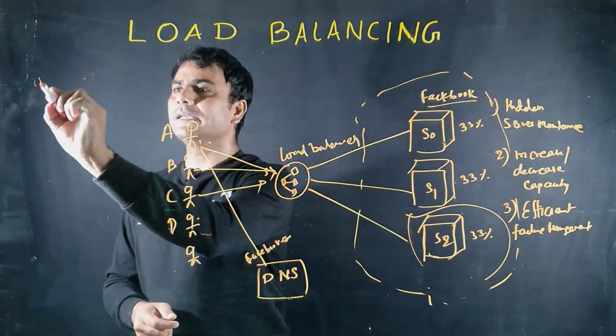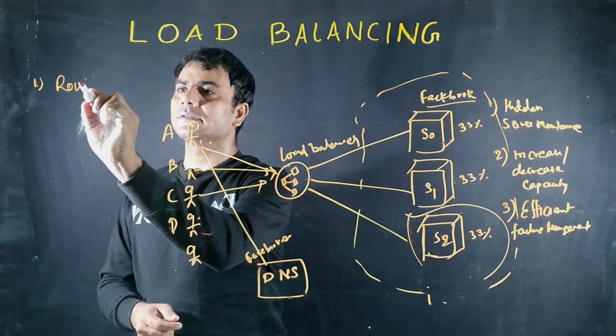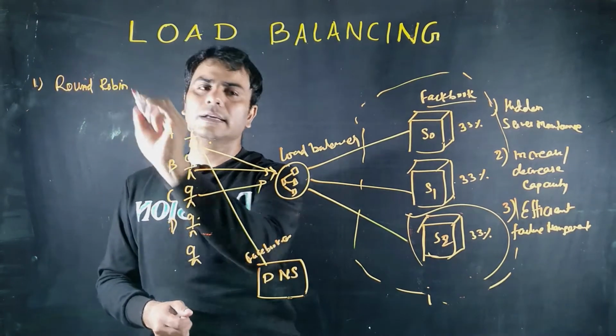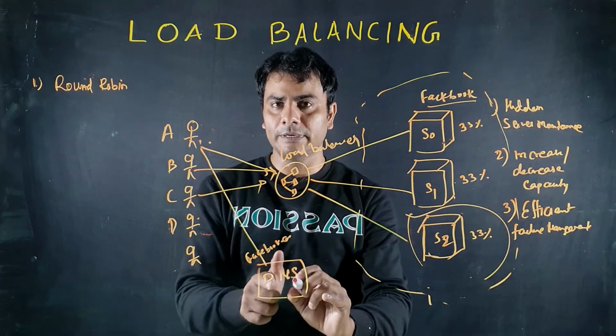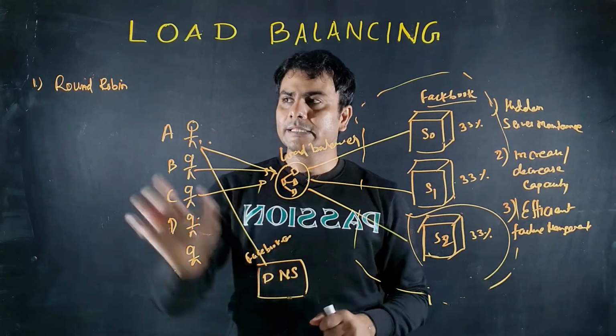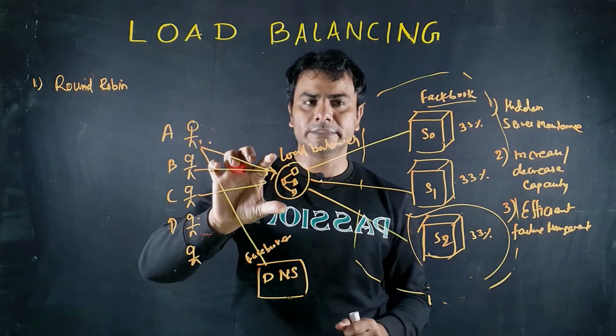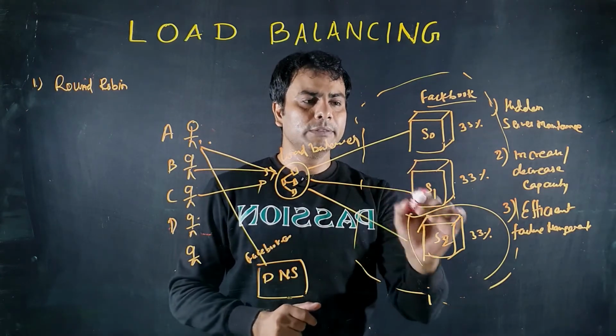First algorithm is round robin. As I discussed already about the DNS round robin algorithm, similarly, this round robin is used by the load balancer to distribute the load on these servers.